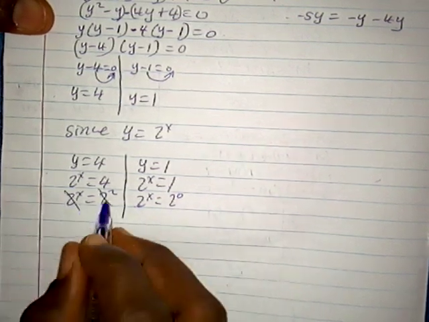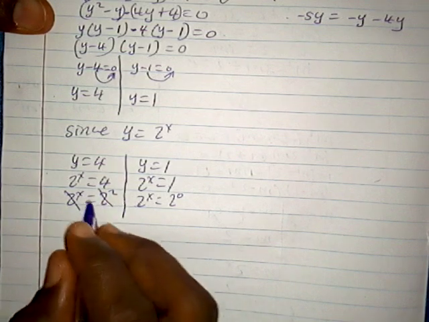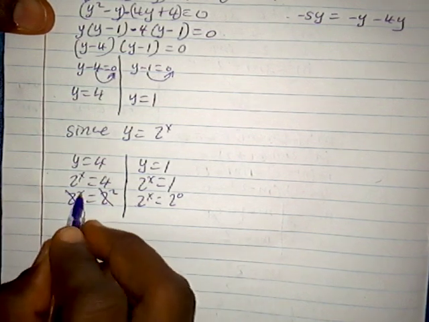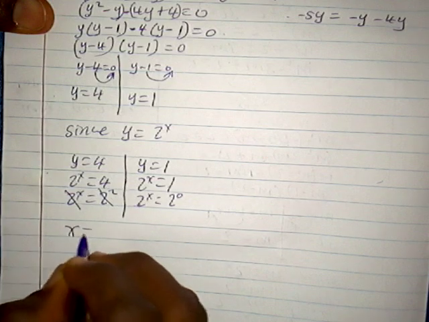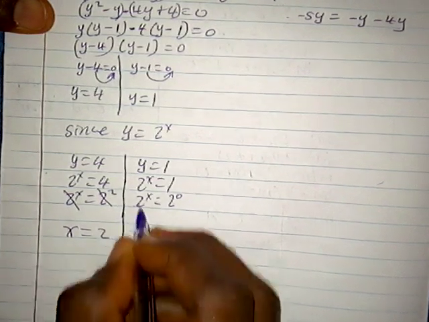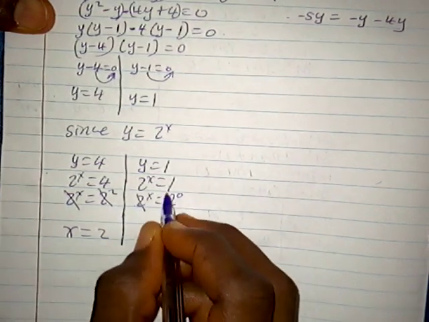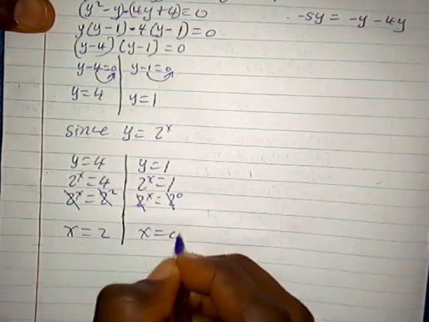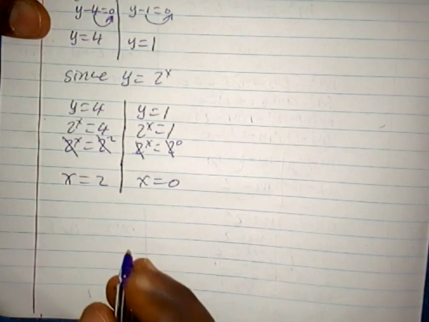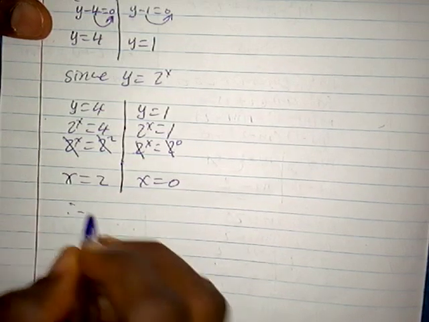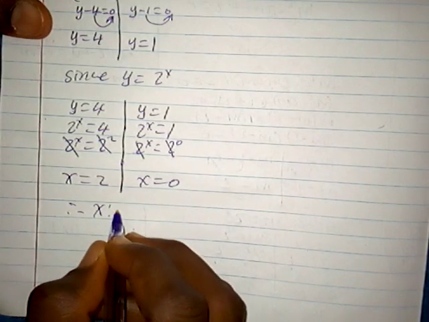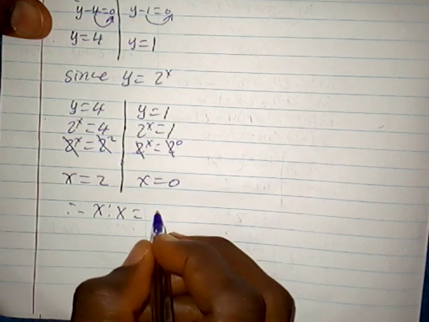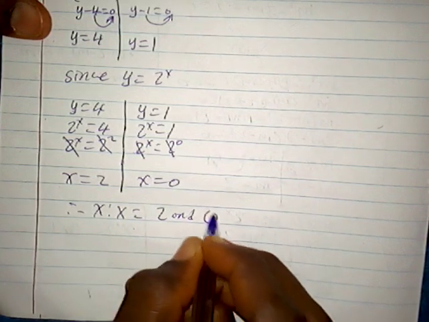Exponential equations say once the bases are the same, cancel, eliminate and equate the powers. What are the powers? x and 2. So x equals to 2. Here again, the bases are the same. We eliminate them, equate the powers. x equals to 0. So what are the values of x? Therefore x equals 2 and 0.